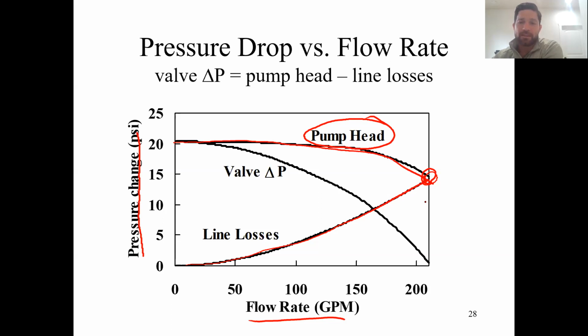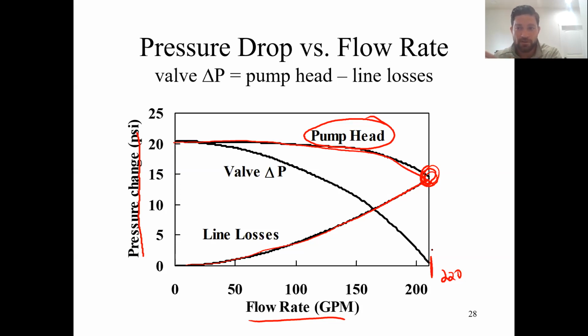Okay, so I'm glad you said that, because that's the intuitive thing that we start to think about. Like if there's more line losses, it would make it go backwards, right? Here's the way I want to think about this question. Assume now we're operating in this system. We haven't considered the flow valve, so that means the flow valve is probably wide open because we're not considering the performance, okay? If we're here, we're sitting at 220 gallons per minute.